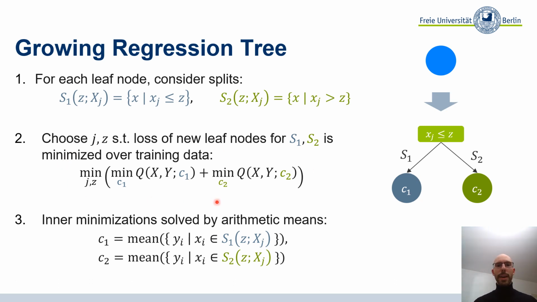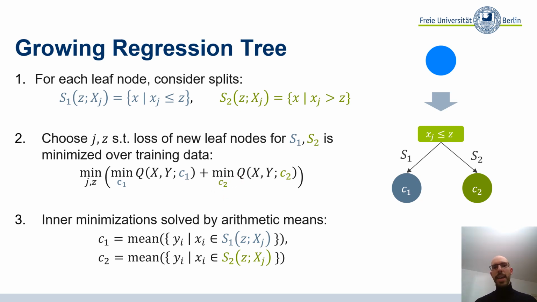So we end up with an optimization expression which looks a bit complicated. We want to minimize the loss of this node, Q over C1, plus the loss of C2, Q over C2, and we want to minimize that over our splitting variable j, our splitting point c, and our prediction values C1 and C2.